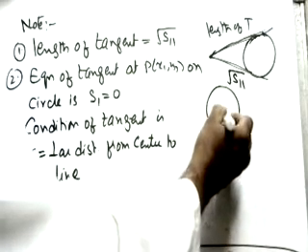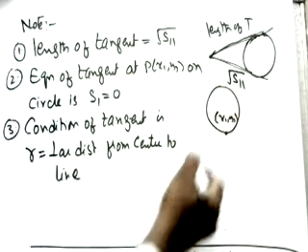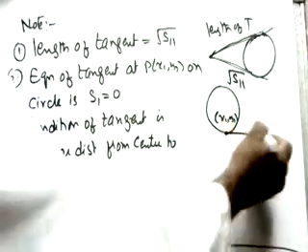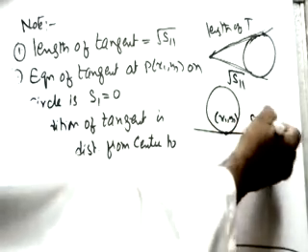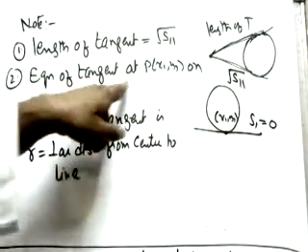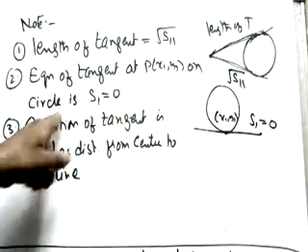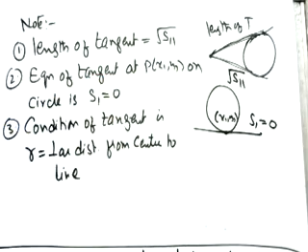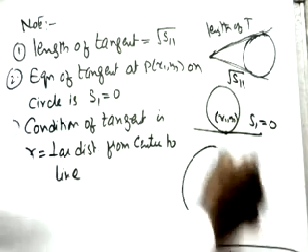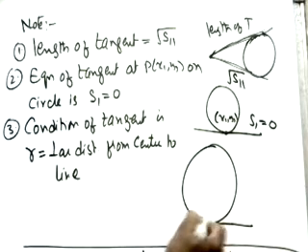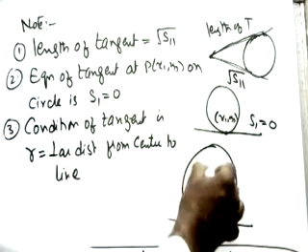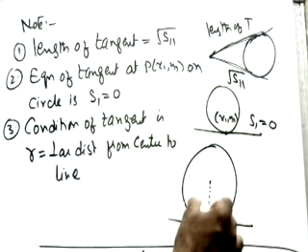Suppose we are having a circle and a point on the circle, x1 y1. The equation of the tangent at the point x1 y1 on the circle is S1 equals 0. Suppose we are having a circle and a line touches it, meaning it is a tangent. What is the condition?